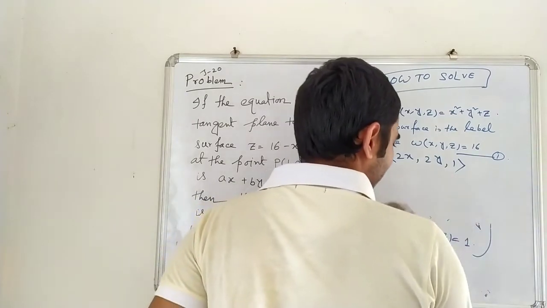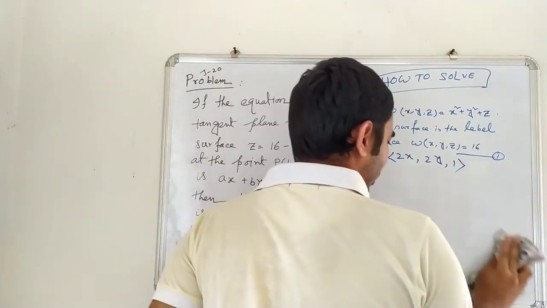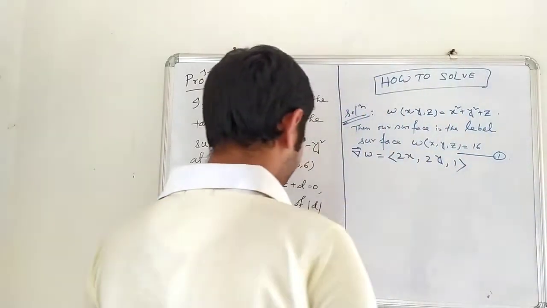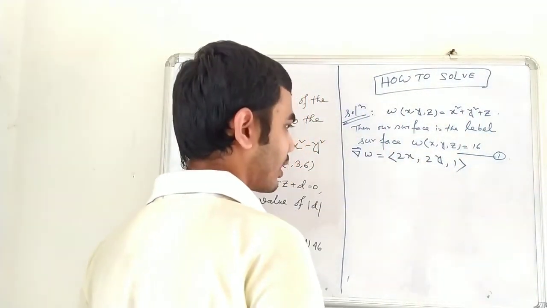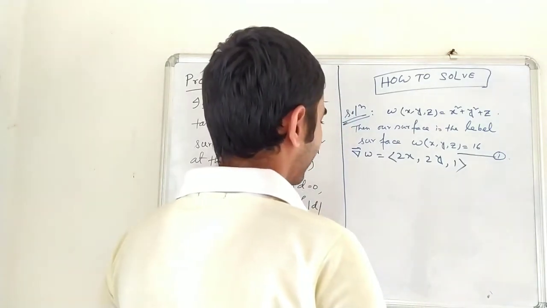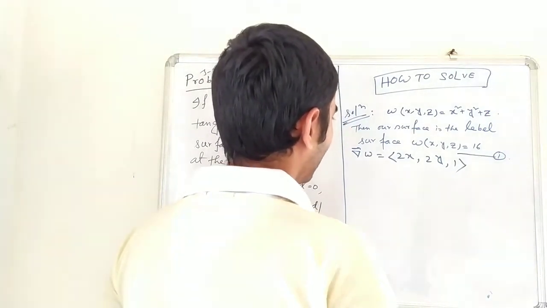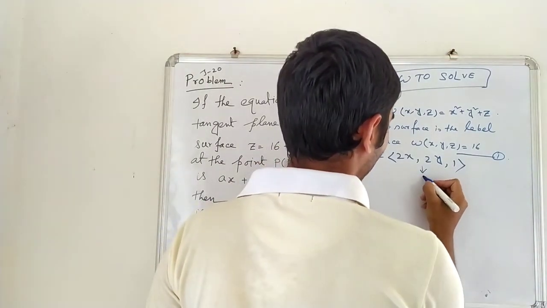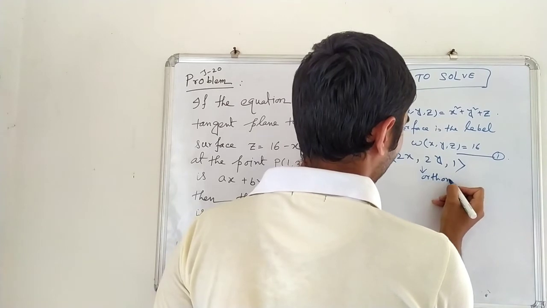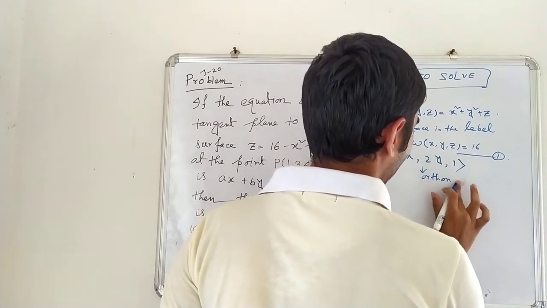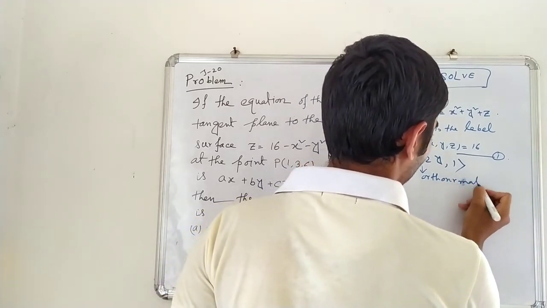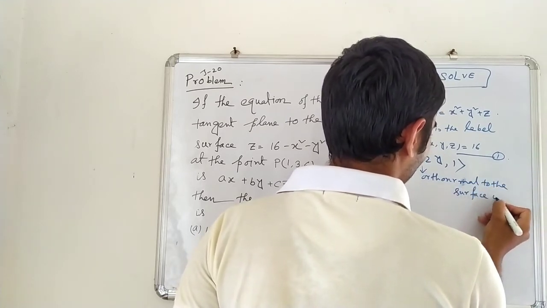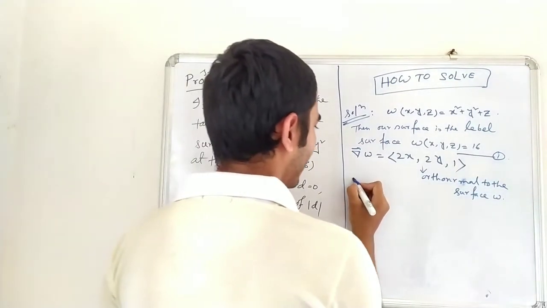This gradient of w is also perpendicular, or normal, to the surface w.